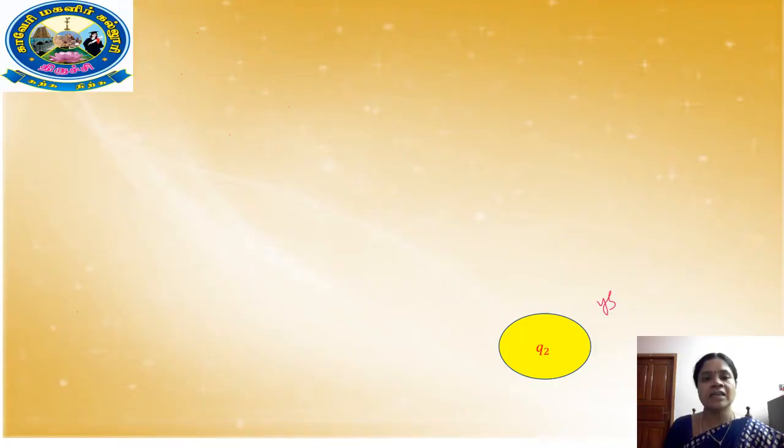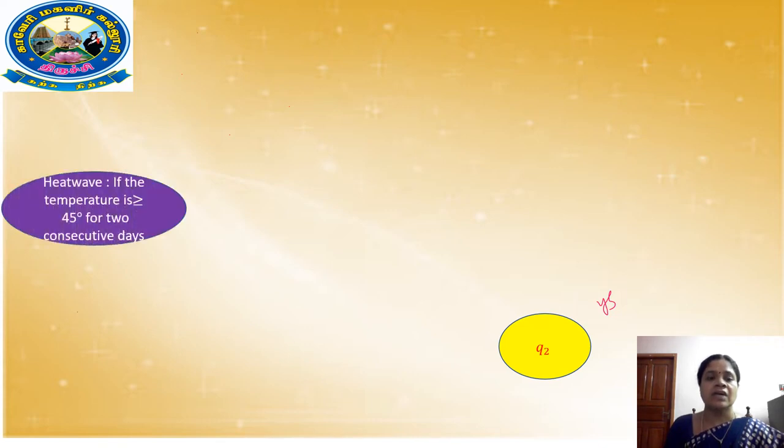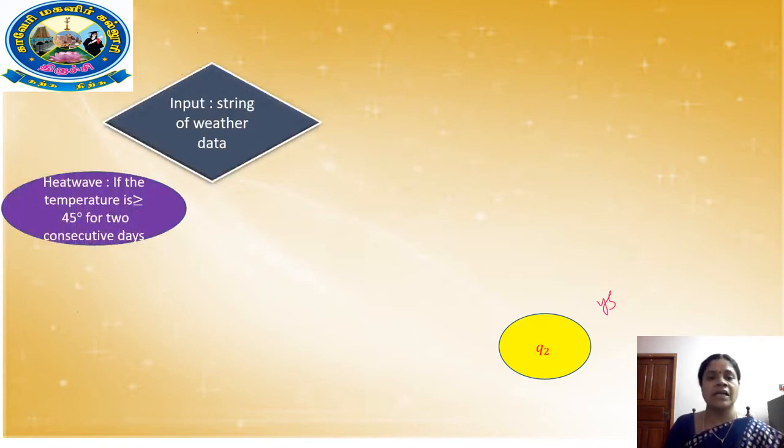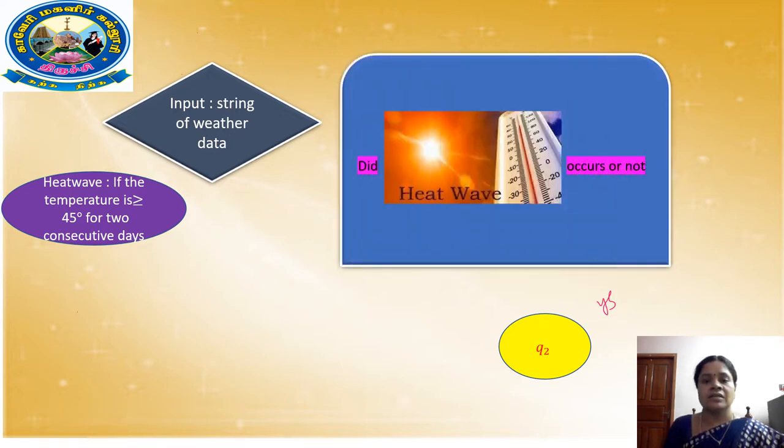Next, we can elaborate this with some other examples. If we take an input string as weather data, that is, if the heat wave is more than 45 degrees for 2 consecutive days, the Meteorological Department of India says a heat wave occurs in that year. Now, we are going to calculate whether the heat wave occurs in that year or not.